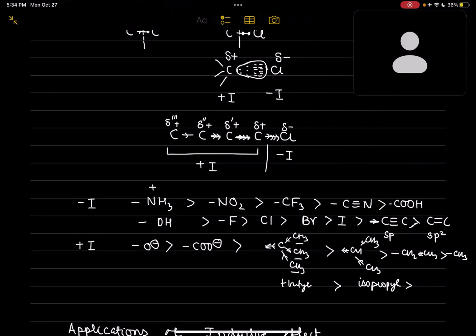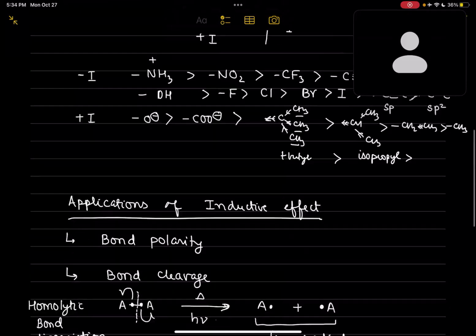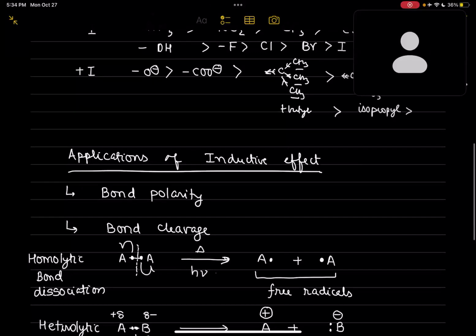So it can go up to 4 bonds, and it is a very weak effect. After 4 bonds, it is almost nil. So this, I hope, is clear to you. Got it? Next.